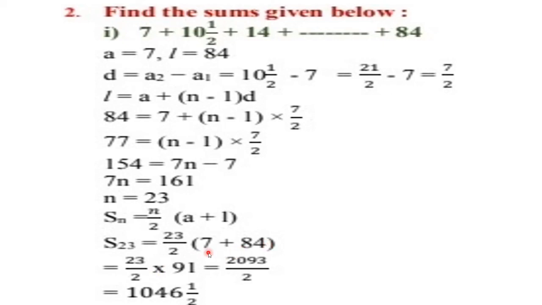What is 84 plus 7? 91. Since 91 is also not completely divisible by 2, let's multiply this 91 into 23. When you multiply, you are going to get the answer 2093 divided by 2. So I can rewrite this answer as 1046 half.